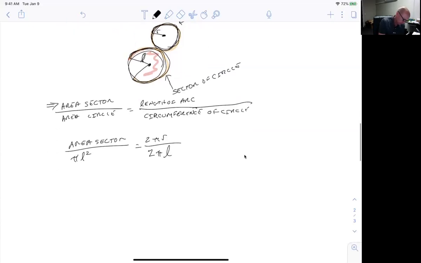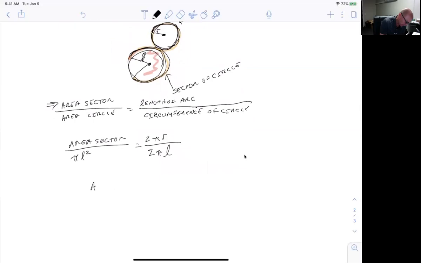Now I can just solve for the area of that sector and get, by cross multiplying, that the area of the sector is equal to pi L squared times 2 pi r, over 2 pi times the slant height. And there it's just a matter of simplifying.